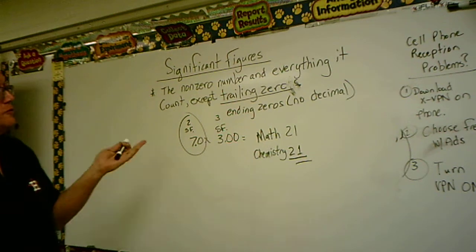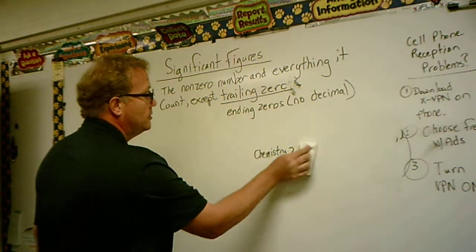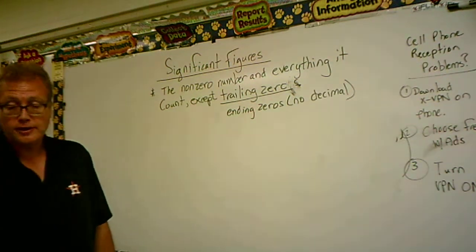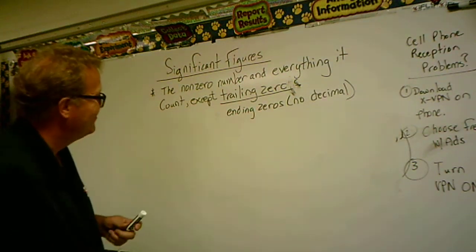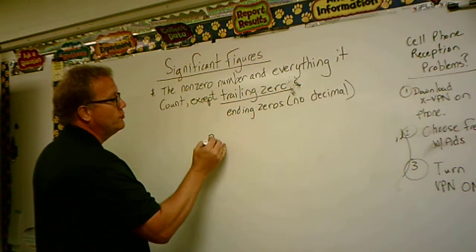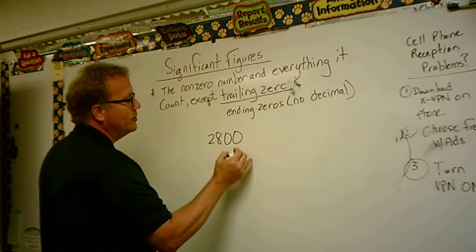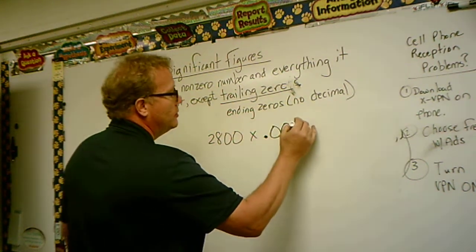Now let's say we just go ahead and do a large equation. Well, you don't have to do a whole lot of thought. You just use a calculator. So let's go with a little bit larger number. Let's go with 2800, and we're going to times it by 0.0025.